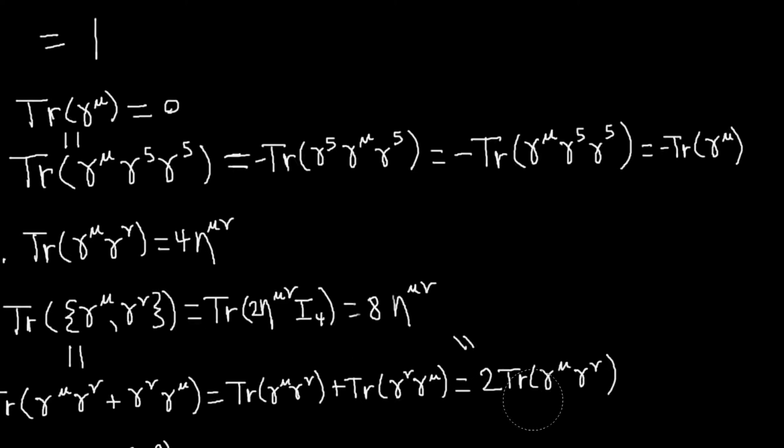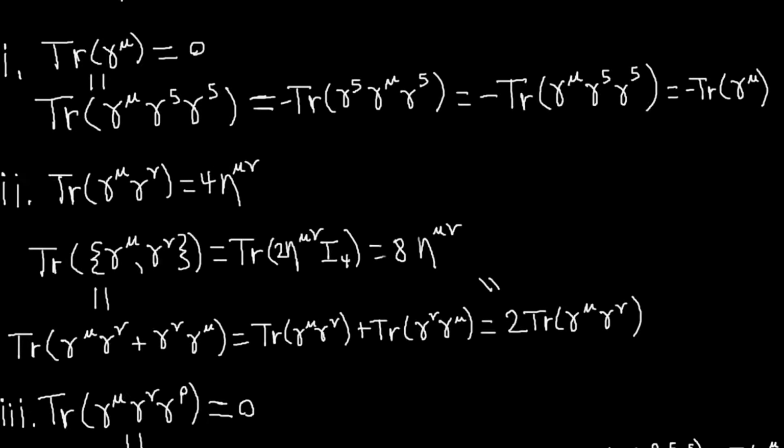So basically, the trace of this anticommutator of gamma mu and gamma nu is just twice the trace of gamma mu gamma nu, which is what we were trying to find. So 2 times the trace of this is equal to this, which, after dividing by 2, is what we wanted to prove.